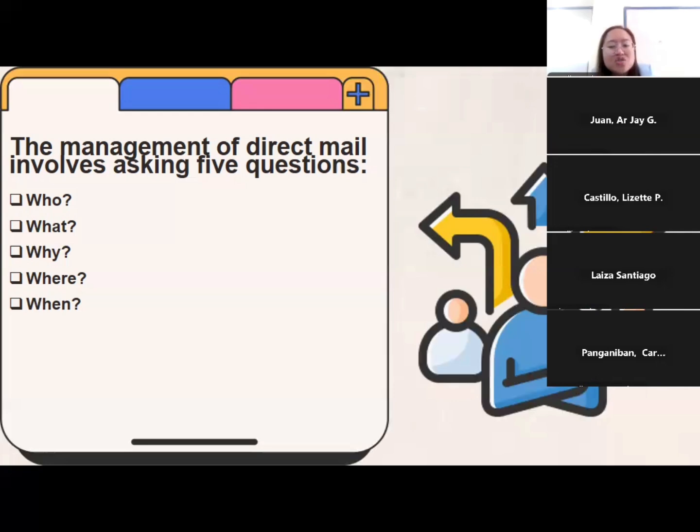And the last question is when. Choose the best time to send the mail. Consider when the target audience is most likely to be receptive, like the company Office Depot. They choose to send business-related promotions on Tuesdays or Wednesdays when office managers are likely to be reviewing supplies and making purchasing decisions.